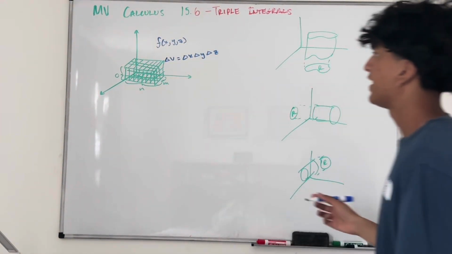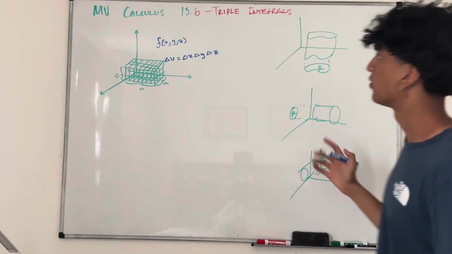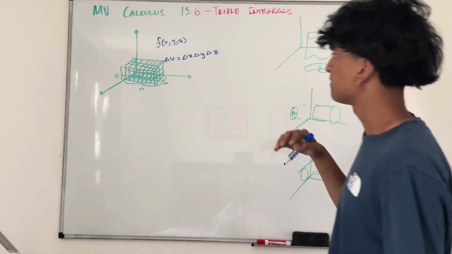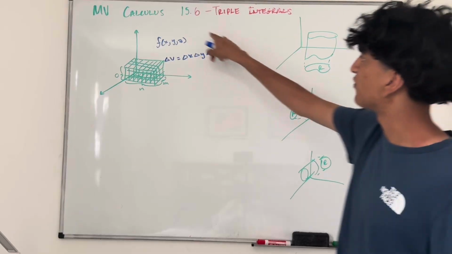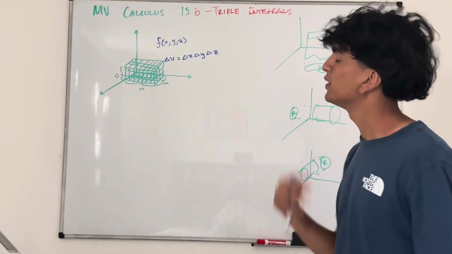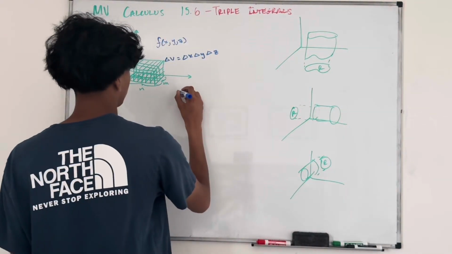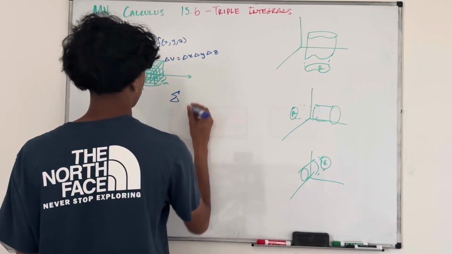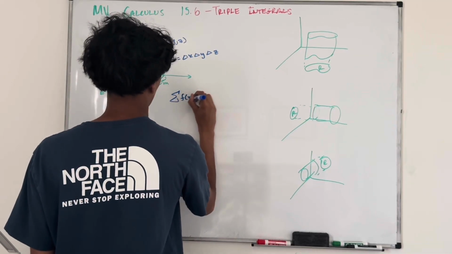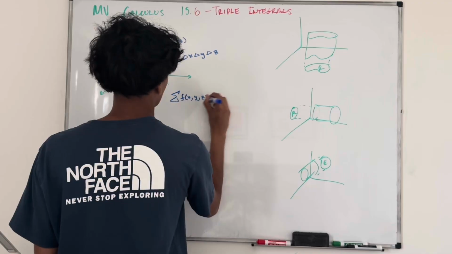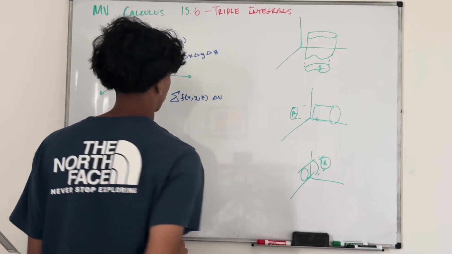So when we want to find the sum of all of the function values over this volume, we're taking a triple sum. We're going to sum up f of x, y, z times the change in volume.